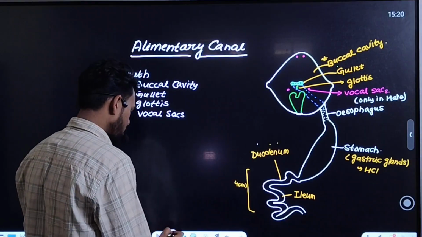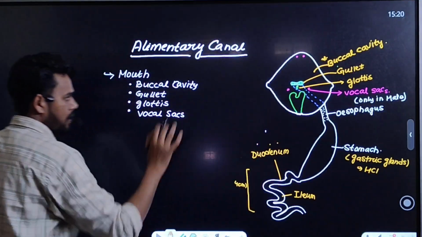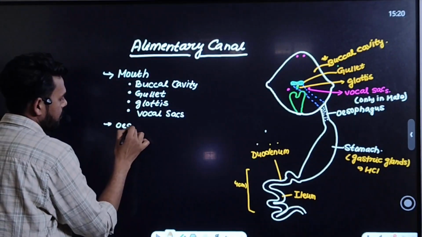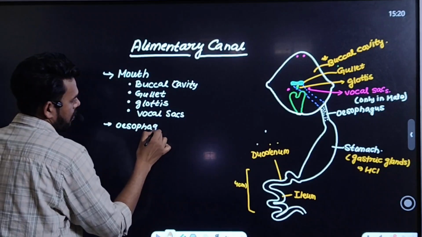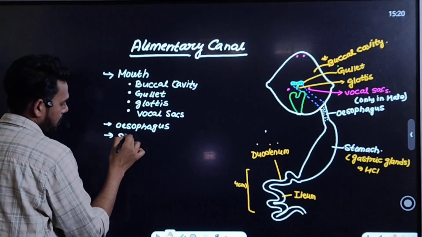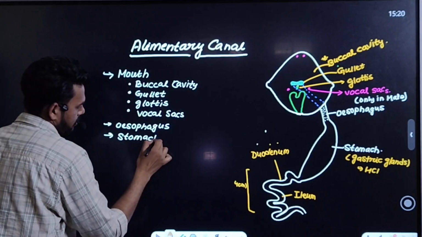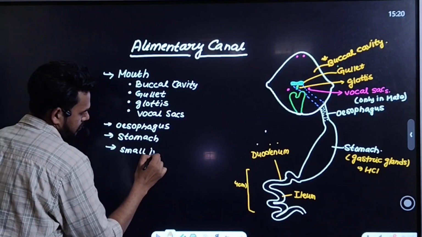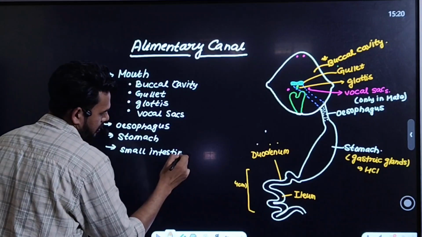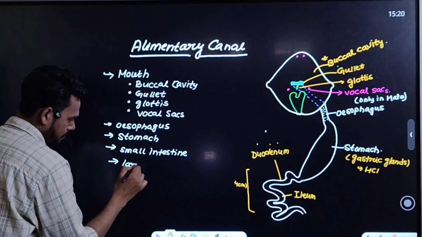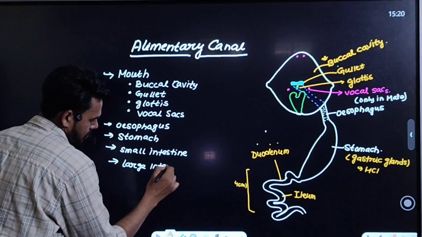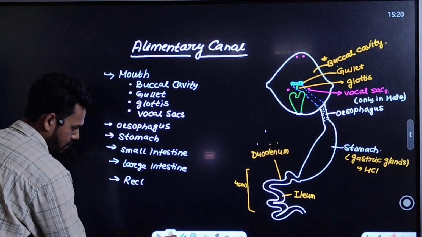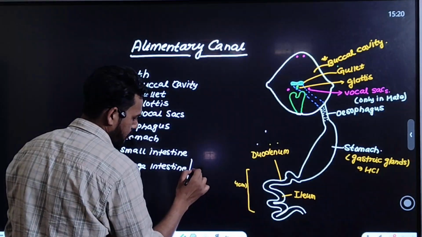So alimentary canal, first part buccal cavity, actually mouth, then esophagus, then stomach ends in small intestine, then large intestine, then rectum, or actually its large intestine is called rectum.